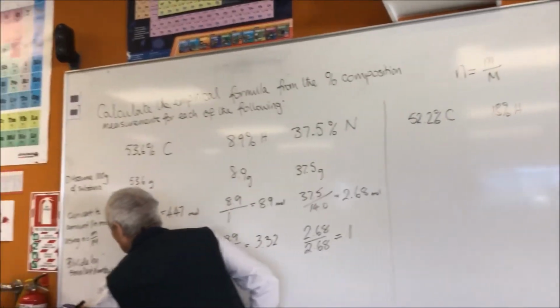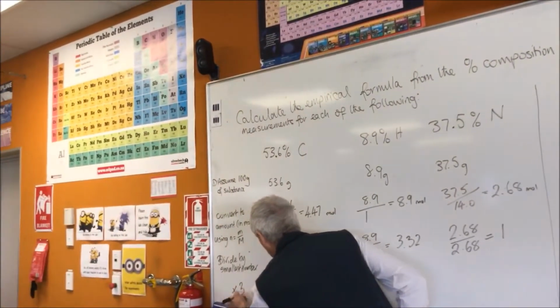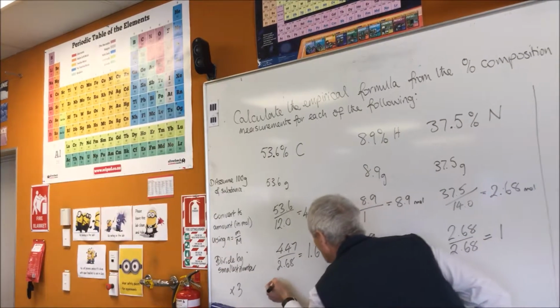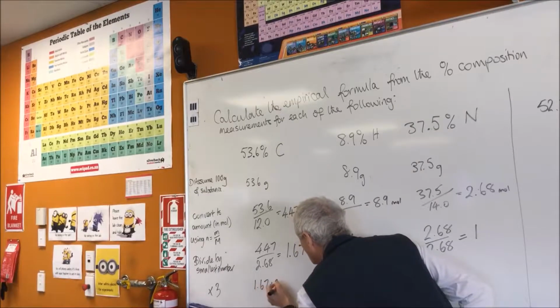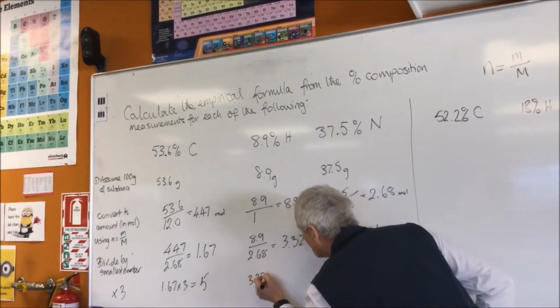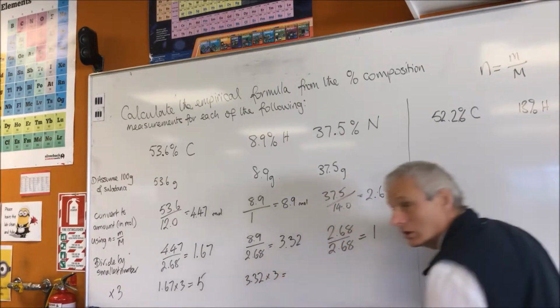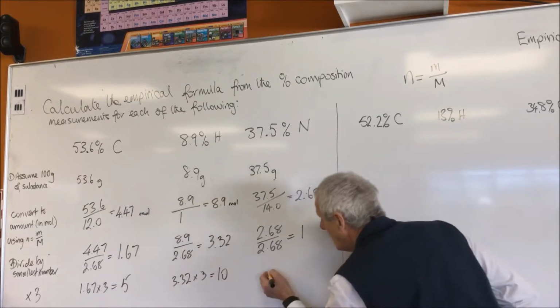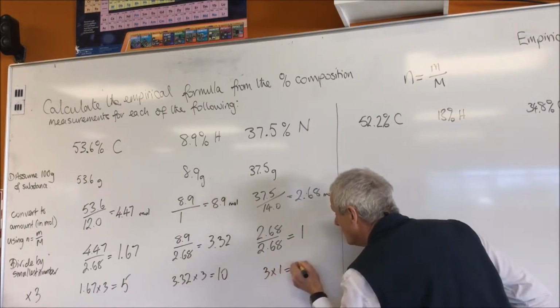So multiply by 3, and so if I multiply 1.67 times 3, what do I get? 5. 3.32 times 3 equals 10, and then 3 times 1 equals 3.